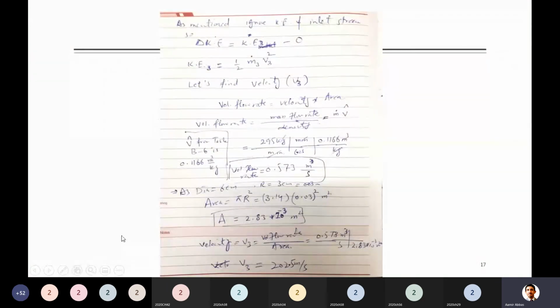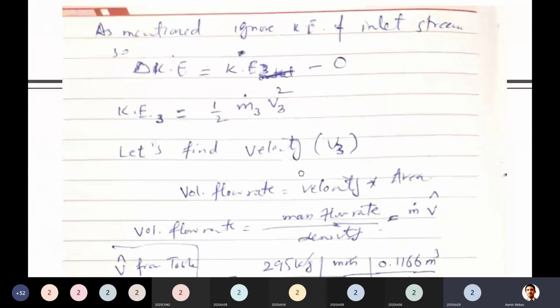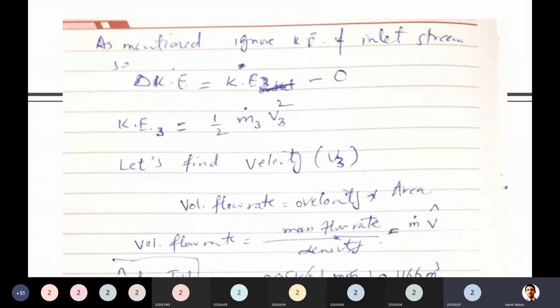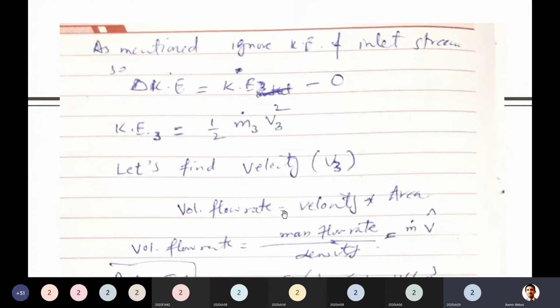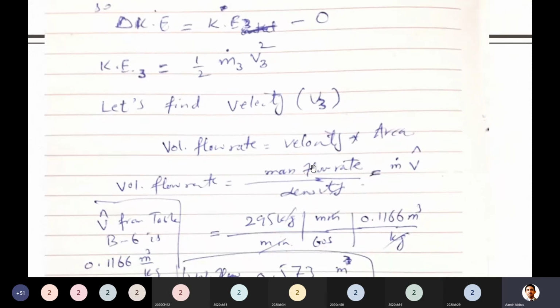So let's look at how I calculated. The specific volume that was given will be used here, as it is the inverse of density. That is why it is given in the question. So volumetric flow rate is velocity into area. To find the volumetric flow rate, it is the mass flow rate divided by the density, and you know that specific volume is the inverse of density. So I simplified this: the mass flow rate multiplied by the specific volume instead of divided by density.